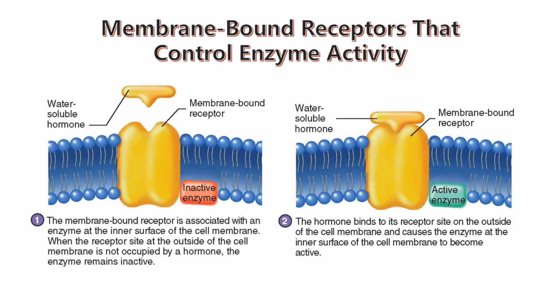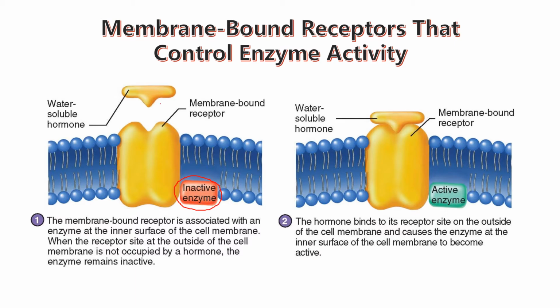So the membrane-bound receptors control the enzyme activity. First, the membrane-bound receptor is associated with an enzyme at the inner surface of the cell membrane, and when the receptor site at the outside of the cell membrane is not occupied by a hormone, the enzyme remains inactive. Ang sinasabi lang dito, kapag walang hormone na dumidikit dun sa membrane-bound receptors, of course, that enzyme, yung nakikita nyo na inactive enzyme sa baba, okay?